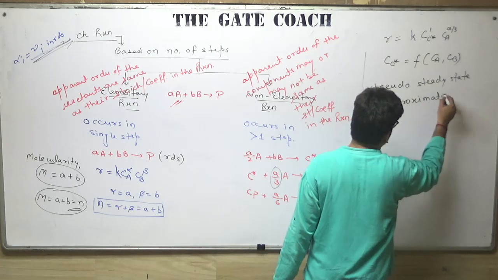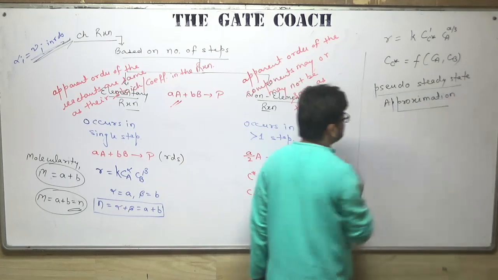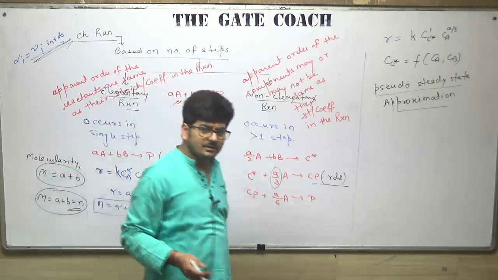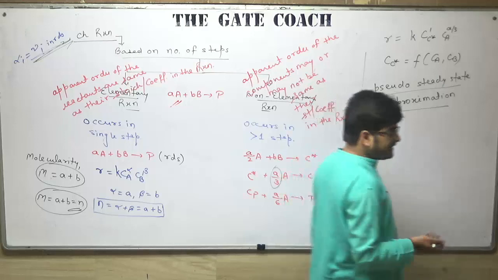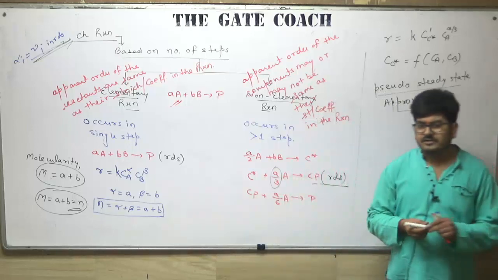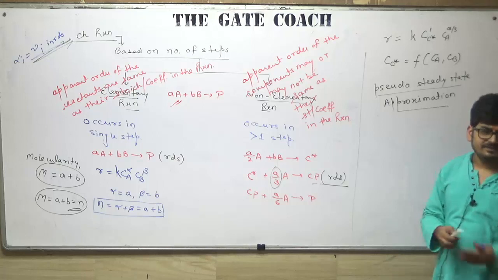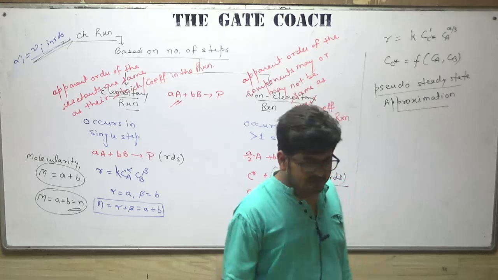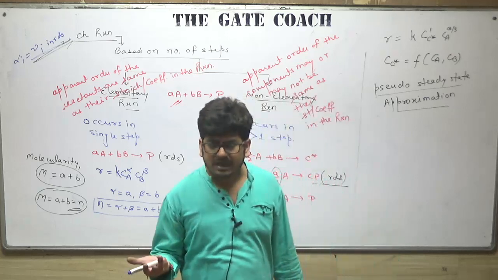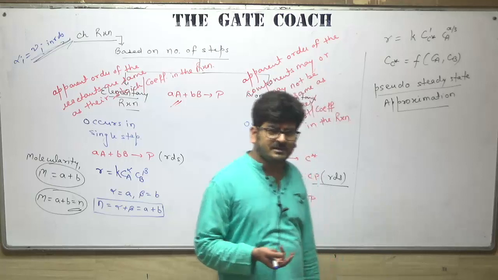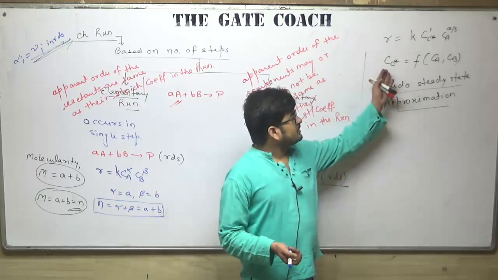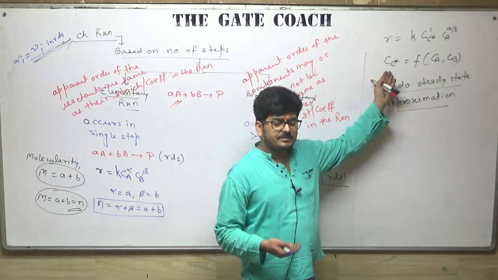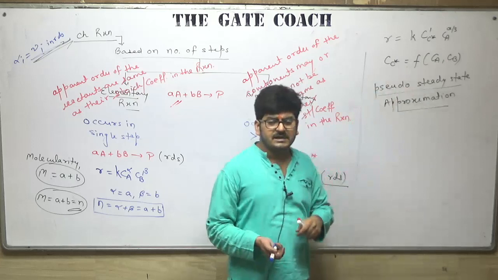That is in your BTech syllabus, but unfortunately now this is not in your GATE syllabus. It was there in your GATE syllabus till 2014, but when in 2015 syllabus was revised, after that this is not in your syllabus. So we will not talk about this method. Okay, so this is one correlation, one algorithm, you can say, one approximation method, to replace the concentration of intermediate complex, intermediate products in terms of Ca and Cb.